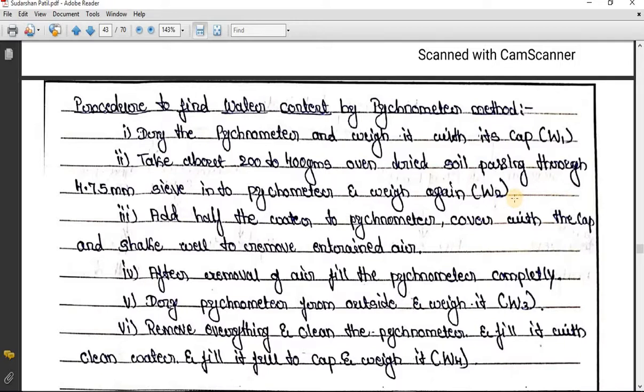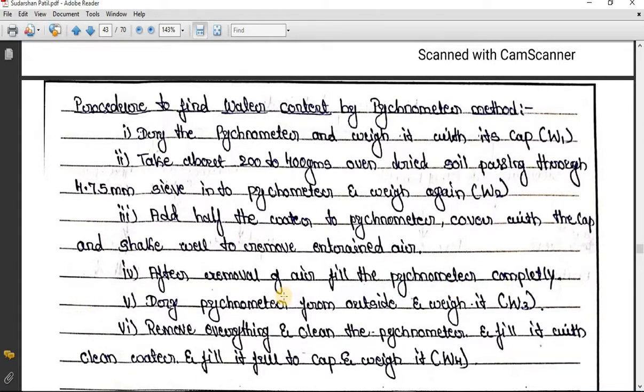Remember to attach the brass cap and all the accessories while weighing the pycnometer. Then add half of the water to the pycnometer, cover with the cap and shake it thoroughly so that air voids can be removed. After removal of air voids, fill the pycnometer completely.